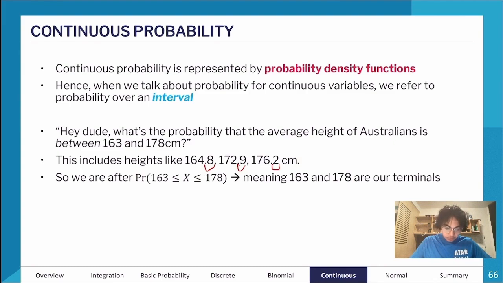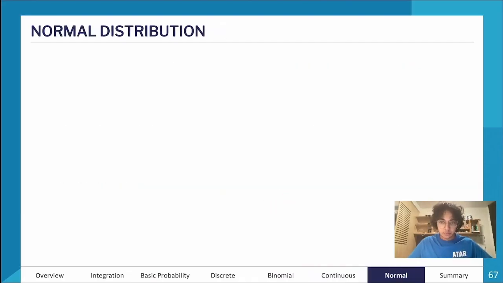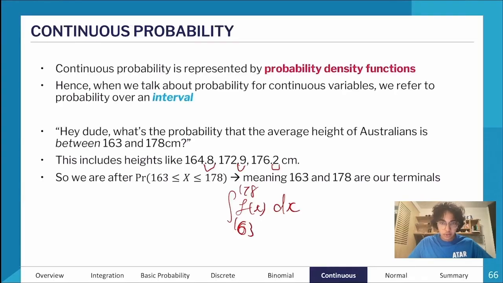To find 163 to 178, we take the integral from 163 to 178 of f of x with respect to dx, as shown in the slide earlier. Those are going to be our terminals.